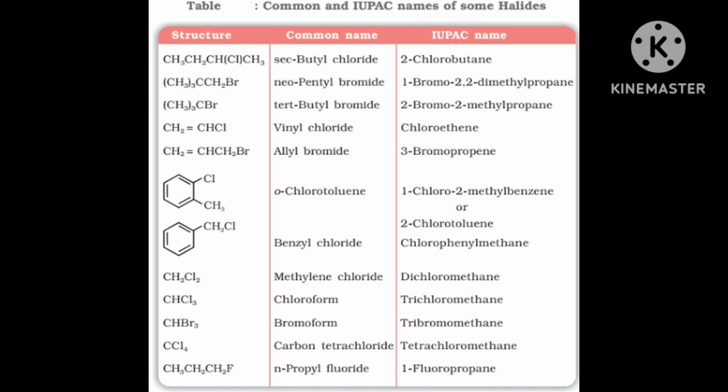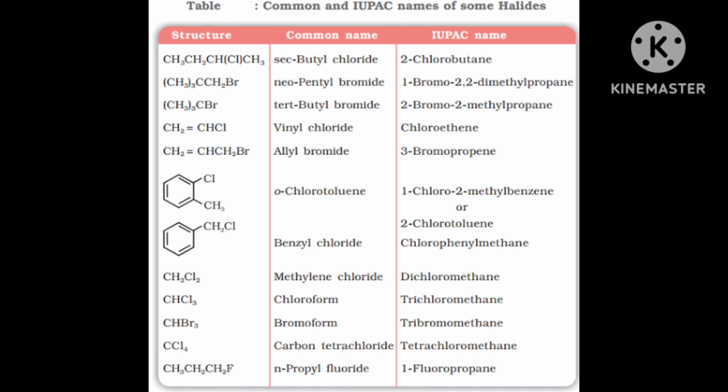Then now its name will be: because the chlorine atom is attached with the first carbon, you can tell 1-chloro. You consider as the longest chain only that chain to which the chlorine atom is attached. Then naming you can start only from there, 1-chloro.